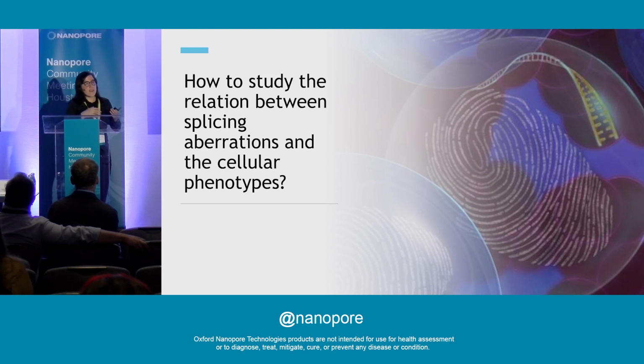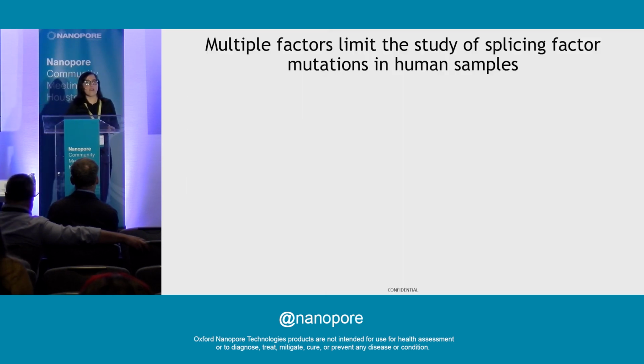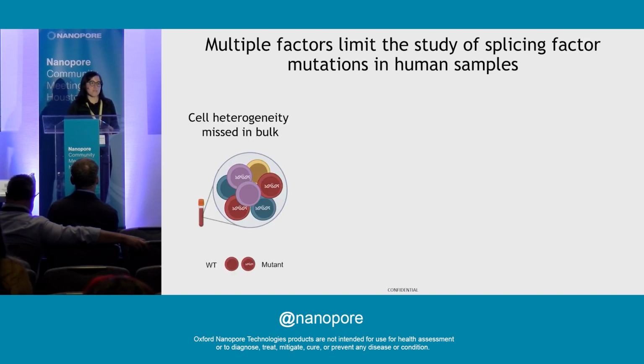And this has been very difficult in the past because there are not very good models that recapitulate hematological diseases in mouse. But more often, most of the studies that exist today with human samples rely on bulk data, which doesn't allow for the distinction of mutant and wild-type cells because we have just a mixture of these mutant and wild-type cells.